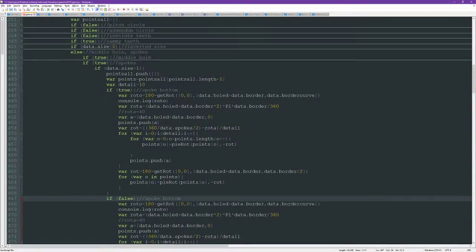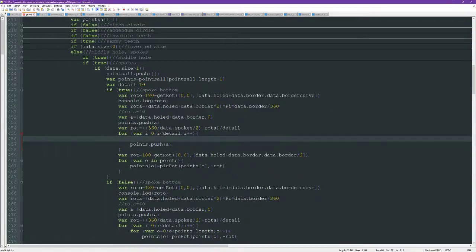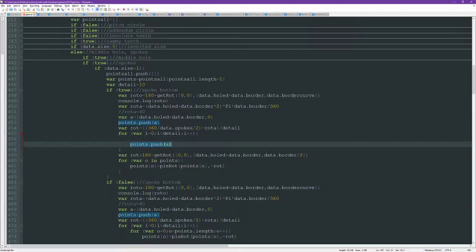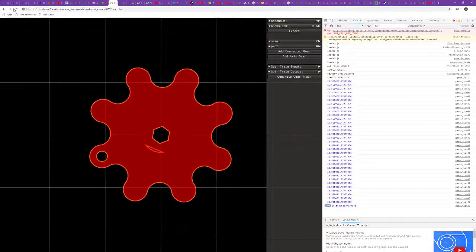I don't give a damn about how I did it before, let's just do it again. So this should just be saying points push A is A, we want to say A equals high rot of A by negative rotation, apparently for no particular reason.